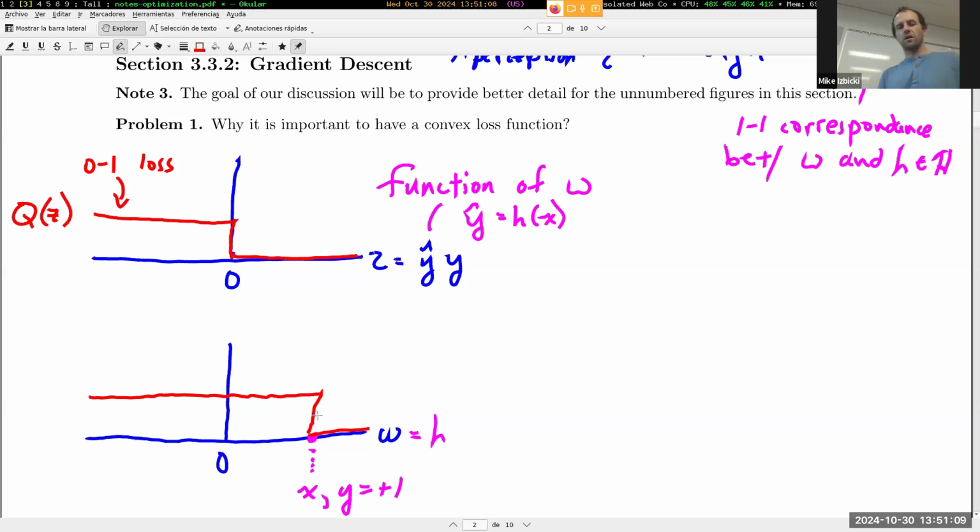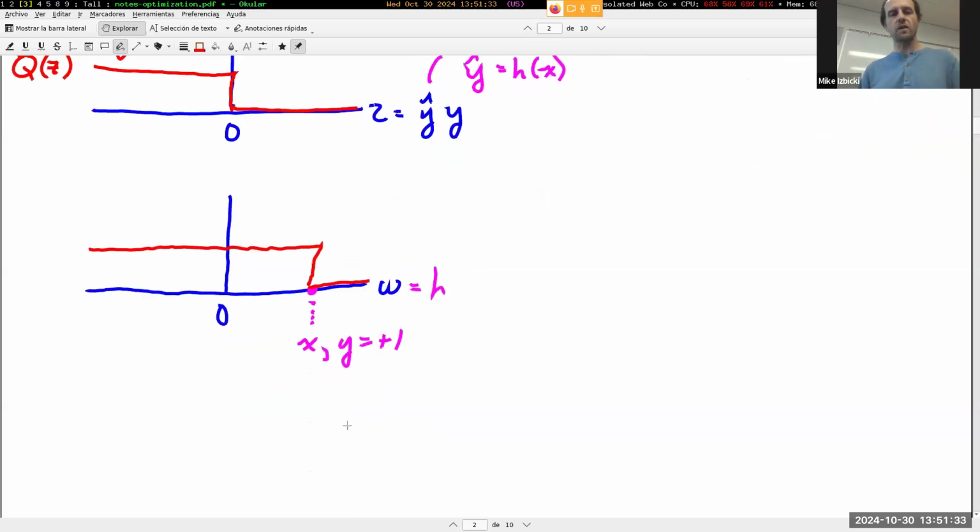When we are to the left-hand side of this x value, when our w is too small, then our w transpose x is going to come out as a negative number, and we'll get a negative times a positive, giving us an error of 1. But when the two signs match, we'll come out with a +1 times +1, and so we'll get an error of 0 over here.